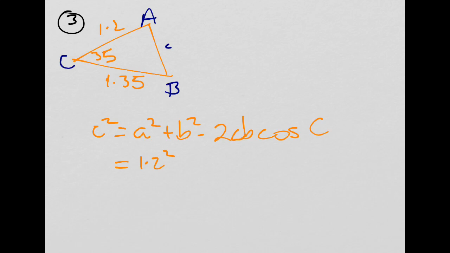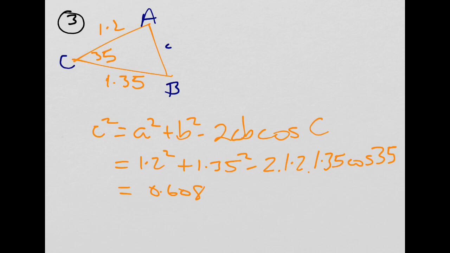So putting the numbers in, 1.2 squared plus 1.35 squared, minus 2 times 1.2 times 1.35 times cos the angle 35. All of that on your calculator comes out to be 0.608. If you square root that, that gives you an answer of 0.78 kilometres.